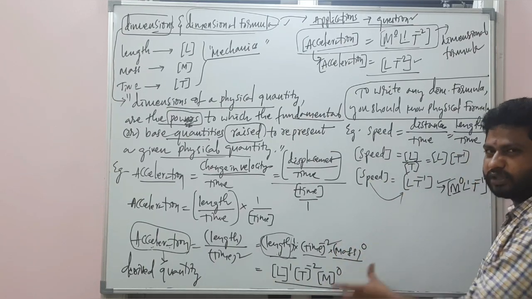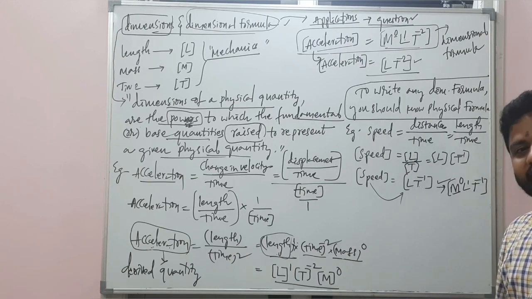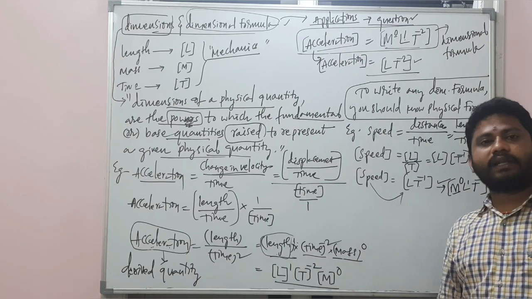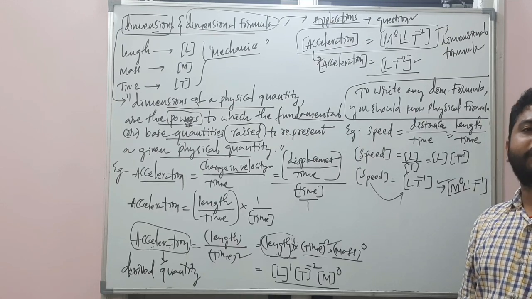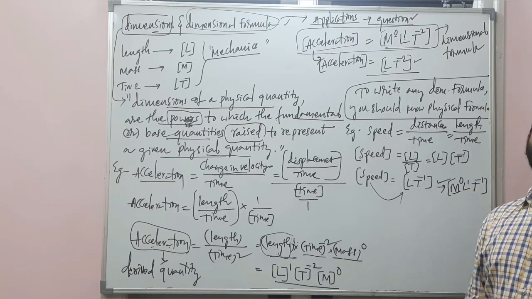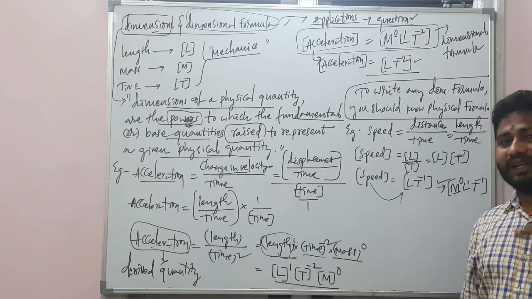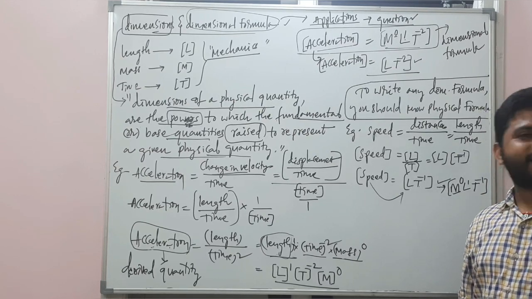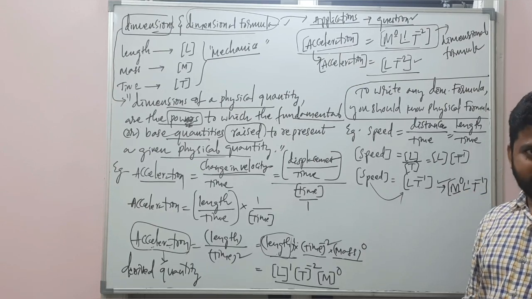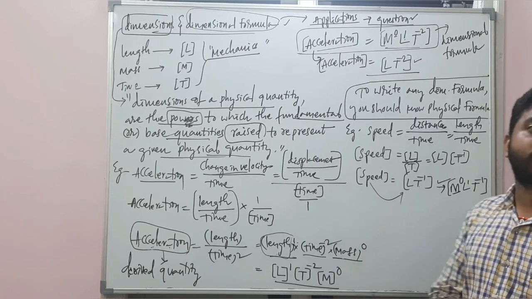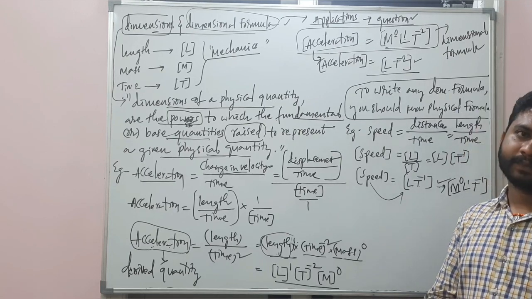M to the power 0 means independent of the mass. If you get L to the power 0, that physical quantity is independent of the length. If you get T to the power 0, it is independent of time. Other than zeros, if you get some powers, that means they depend on those physical quantities. Clear?